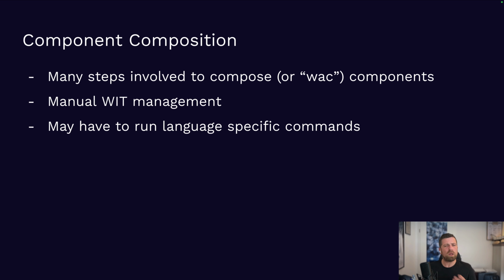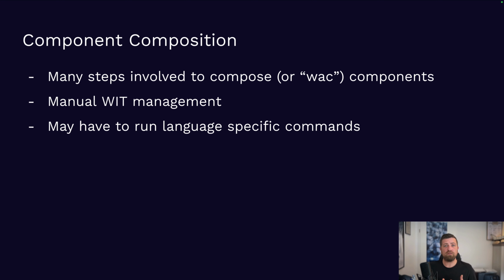To do so, we had to execute a couple of commands in a predefined order to wac together, or to compose together, the final application. In that particular workflow, the WIT management is somewhat manual, and we have to explicitly use wasm-tools to invert the WIT interface of that functional component in order to make it work with our socket component.